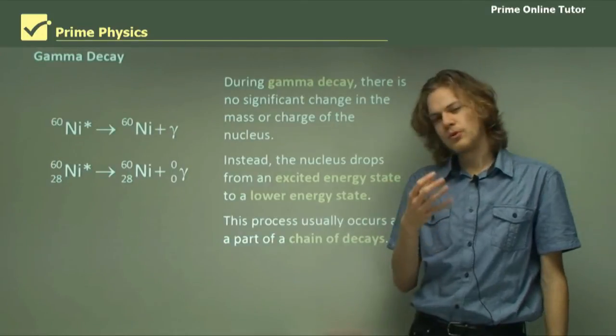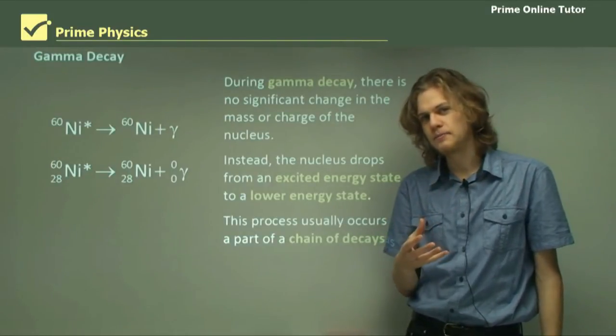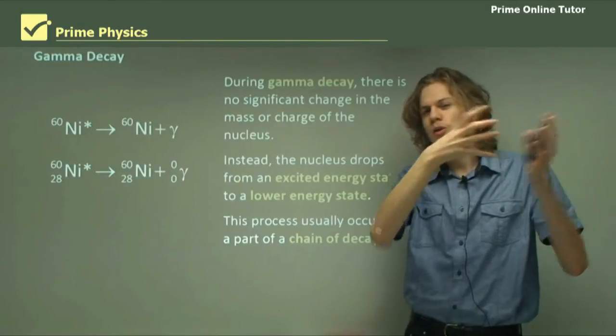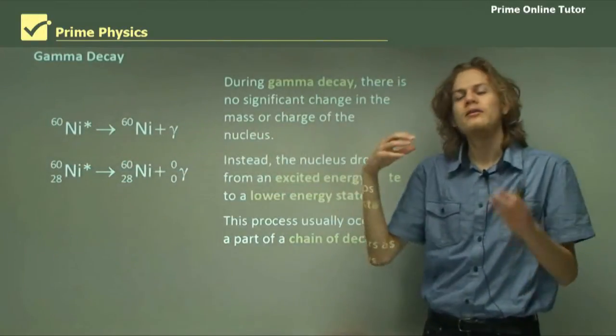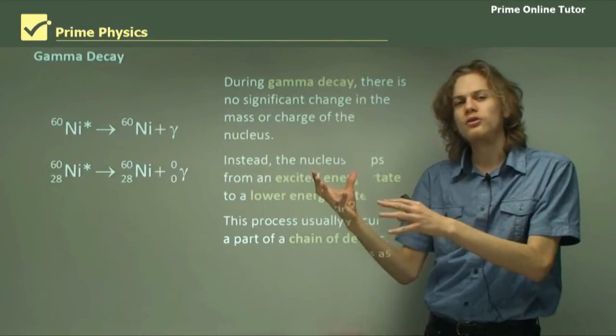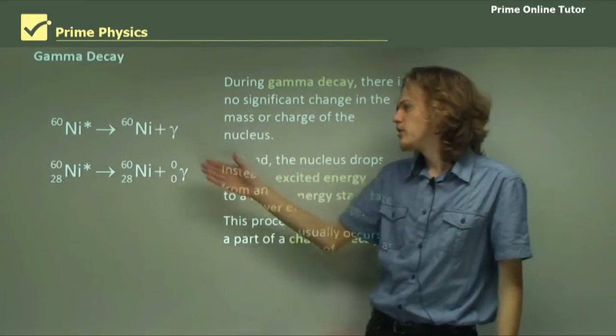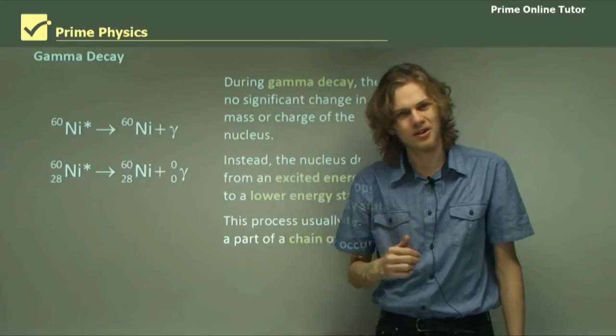So this process is usually part of a chain of reactions. So an alpha decay will lead into something like excited nickel, and then that excited nickel will undergo gamma decay to become unexcited nickel.